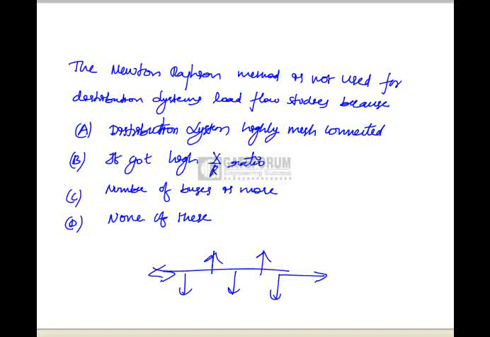That's why, with the Newton-Raphson method, there is no guarantee of convergence when you analyze distribution systems compared to transmission systems. Whatever options he has given, we don't have any option. The rate of convergence is not possible with distribution systems. So the answer is D, none of these.